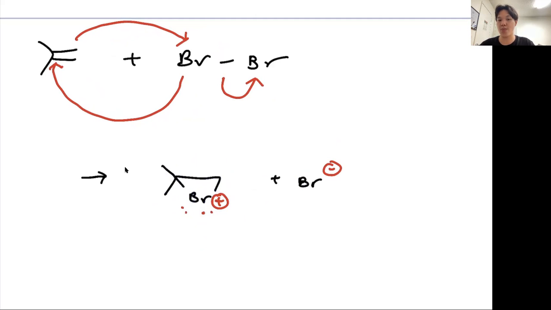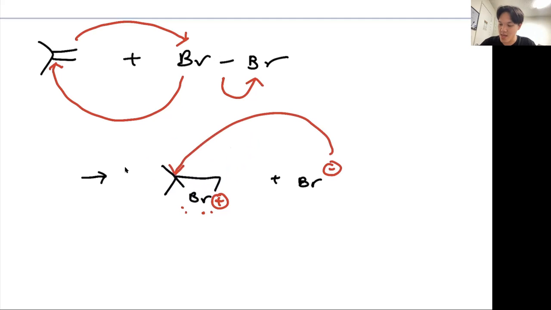Because this bromine is positively charged, it's going to pull on electron density from the carbons that it's attached to. And this carbon has more groups attached to it, which means these groups are able to donate more electron density. So it's going to attack the more hindered carbon, right? So the more hindered carbon is the carbon number 2. Bromine attacks carbon number 2.